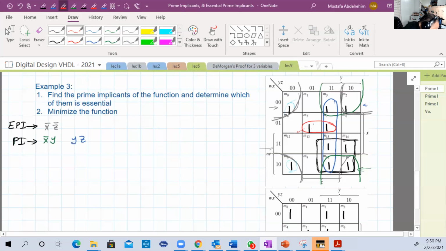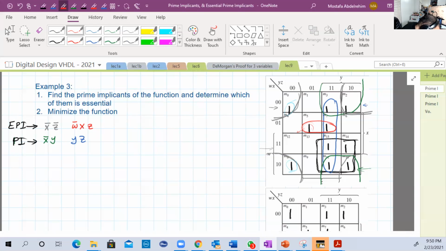Why? Because this one here does not belong to any other group. So this will be W bar X, Y is changing, Z. W bar X Z.